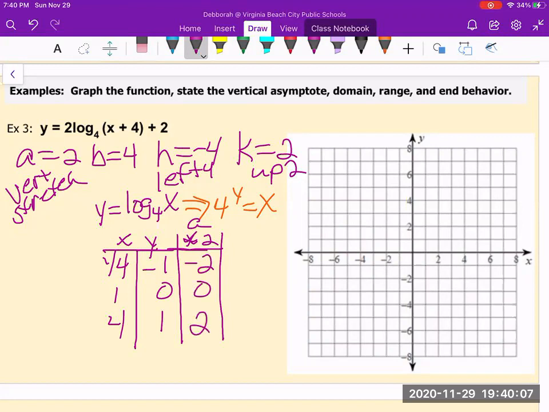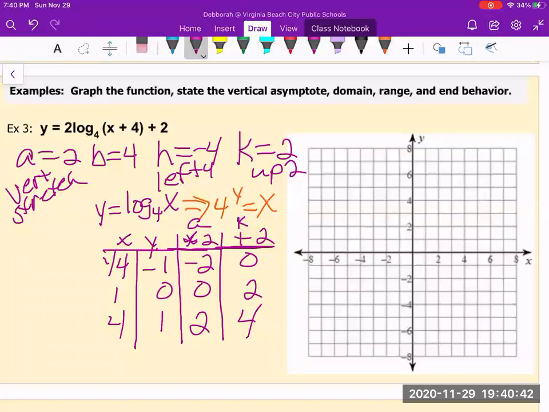Now we're going to work with the vertical translation of k. So we're going to apply k, which means we're going to add 2. Negative 2 plus 2 is 0. 0 plus 2 is 2. And 2 plus 2 is 4.